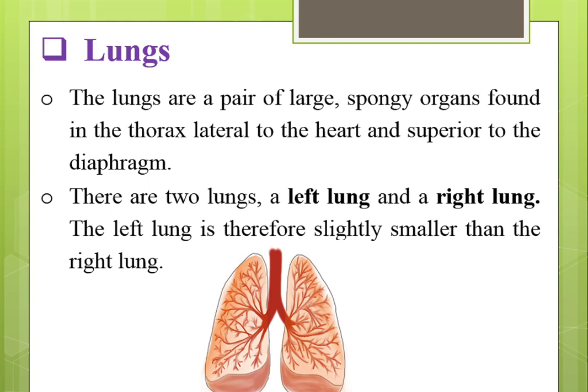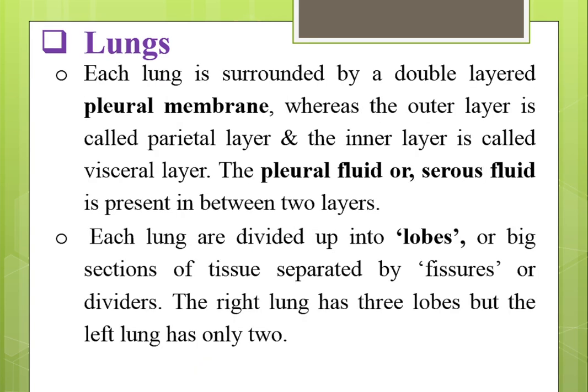Each lung is covered by a double-layer membrane called the pleural membrane. The outer layer is known as the parietal layer and the inner layer is called the visceral layer. In between the two layers, the pleural cavity is present, and this pleural cavity contains pleural fluid, which is also known as serous fluid.